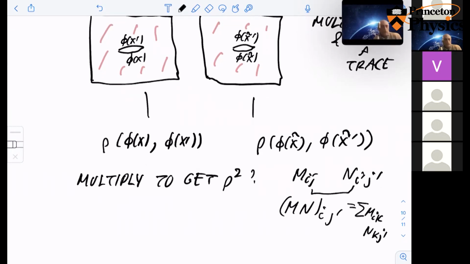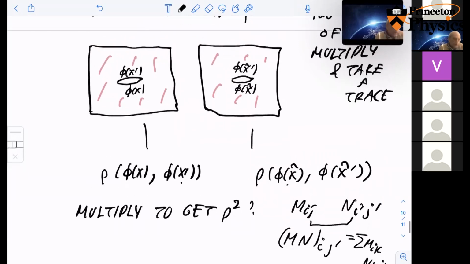So in general, multiplying two matrices or operators means you set the second index of the first equal to the first index of the second and sum. So here, that means we have to set the values here equal to the values here.